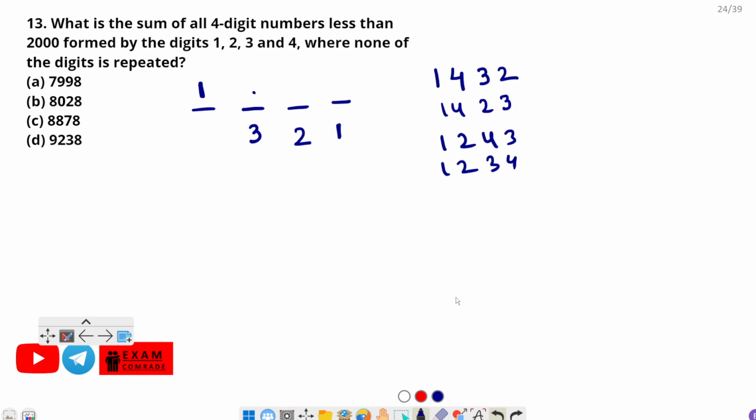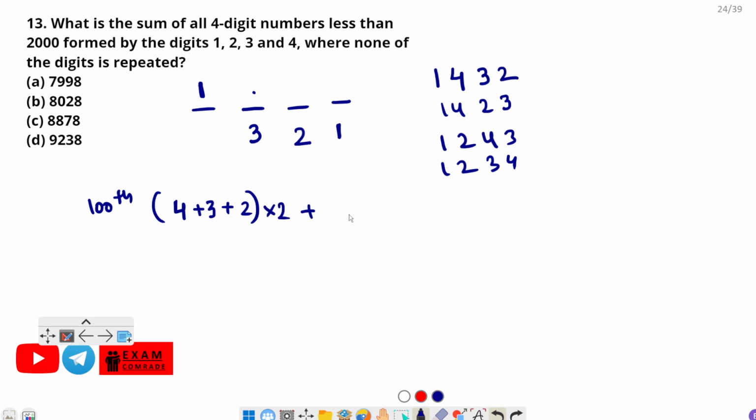So let's try to summarize this. For the hundreds place, we can take either 4 or 3 or 2. This will come 2 times. If we take 4 in the hundreds place, we get 2 numbers, so we will multiply with 2.